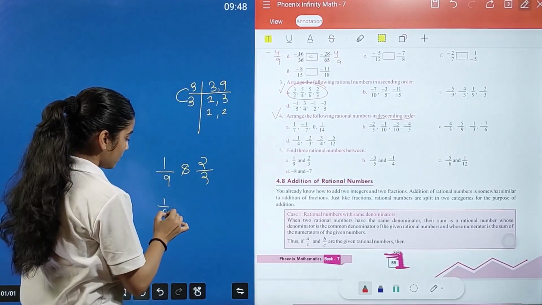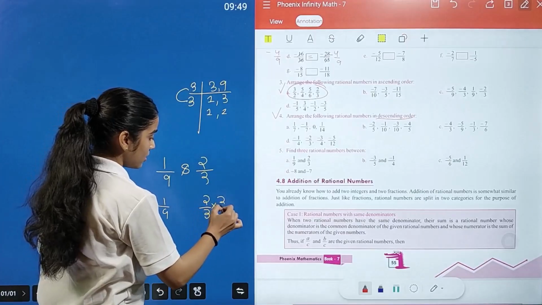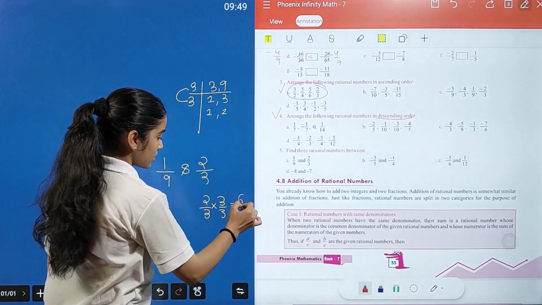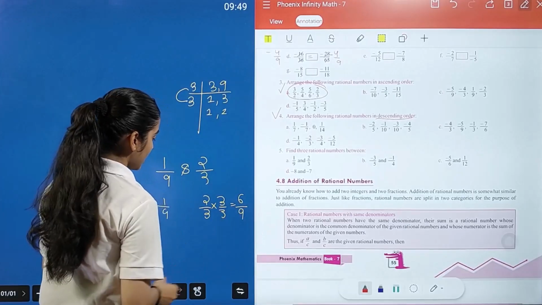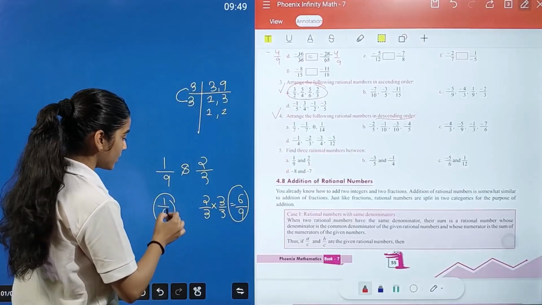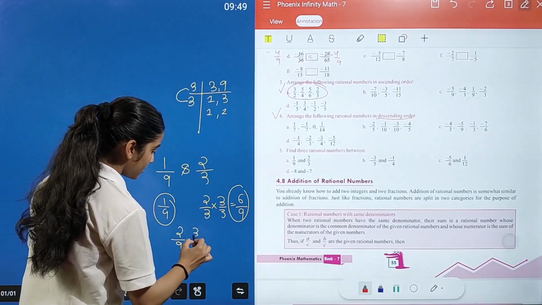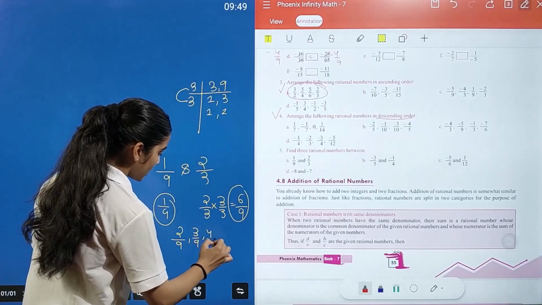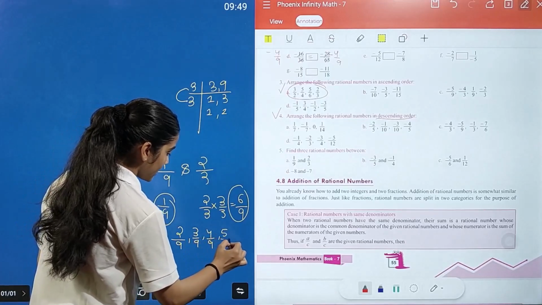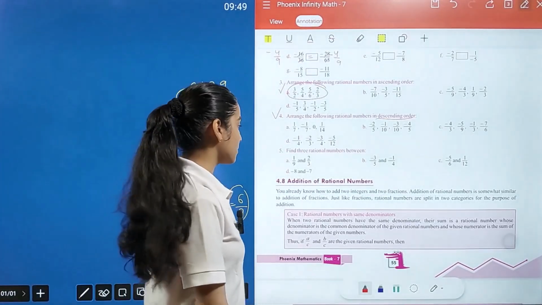So 1 by 9 we have, and next we have 2 by 3 multiplied with 3, so 6 by 9. Now you can simply write your rational numbers between 1 by 9 and 6 by 9, which are 2 by 9, 3 by 9, 4 by 9 and 5 by 9. So do the same for the rest of the parts in question number 5.